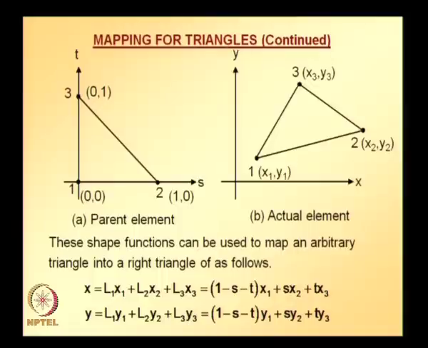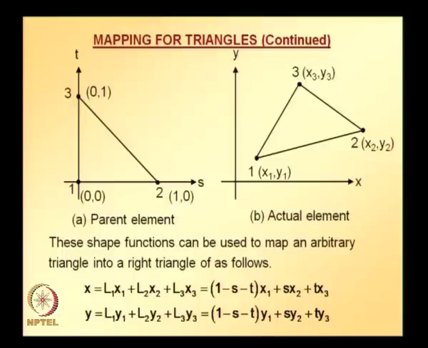And now we can easily verify from these 2 equations, when S is equal to 0, T is equal to 0, that corresponds to x is equal to x1 and y is equal to y1. Similarly, S is equal to 1, T is equal to 0 gives us x is equal to x2, y is equal to y2, and S is equal to 0, T is equal to 1 gives us x is equal to x3, y is equal to y3.